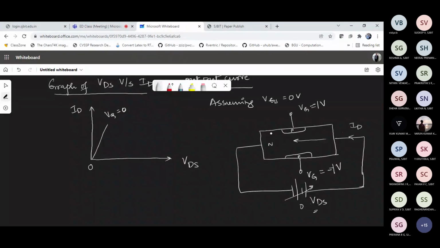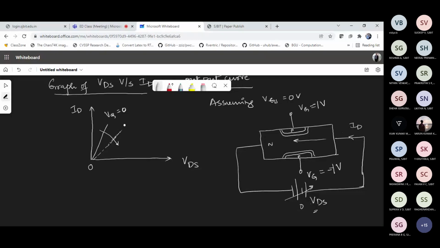What you observe is a slight depletion layer emerging into the channel, and that reduces the width. So thereby what you observe is a shift in the curve like this. Earlier it was nearing vertical. Now it is slowly moving towards the x-axis.